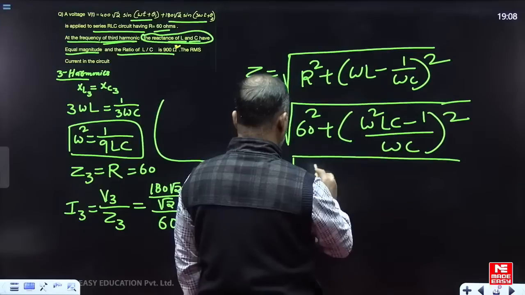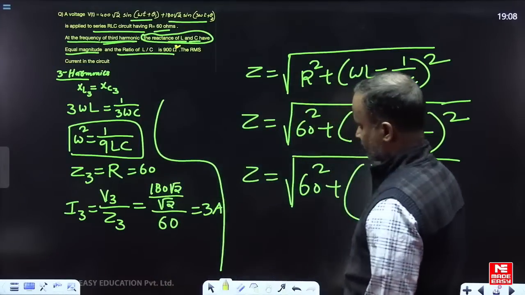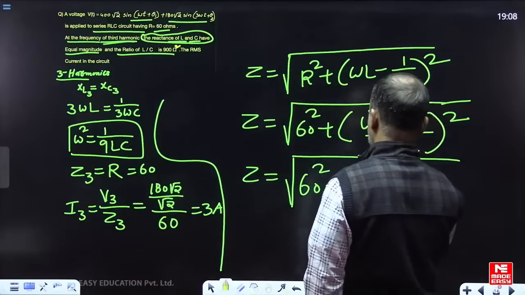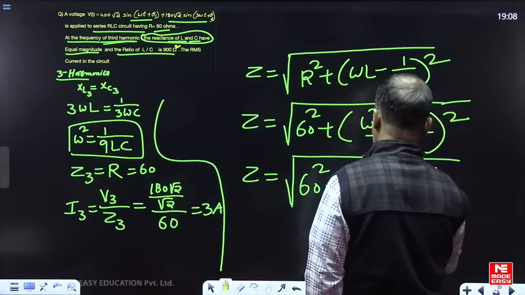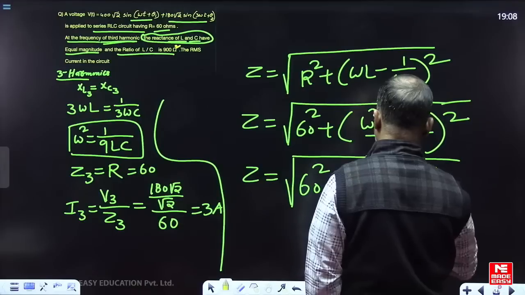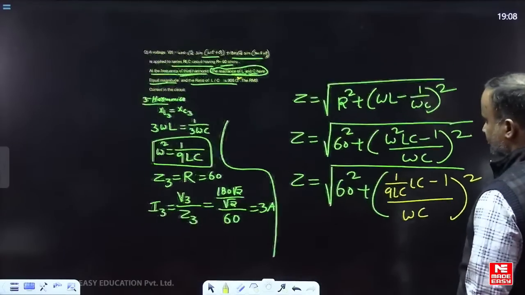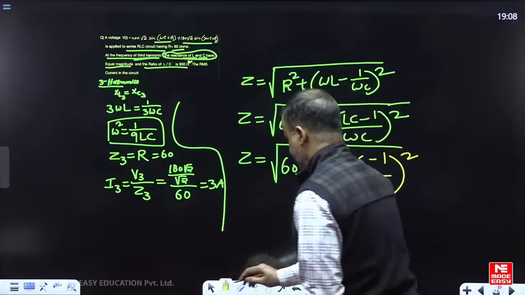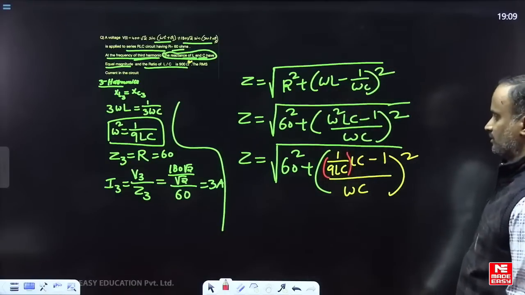Let us use our previous relations here. From the given information, what is omega square equal to? For this example, in place of omega square, I am writing 1 by 9 LC.